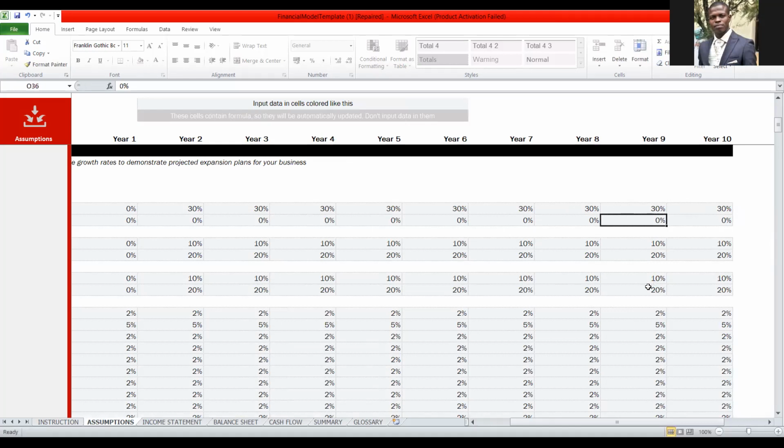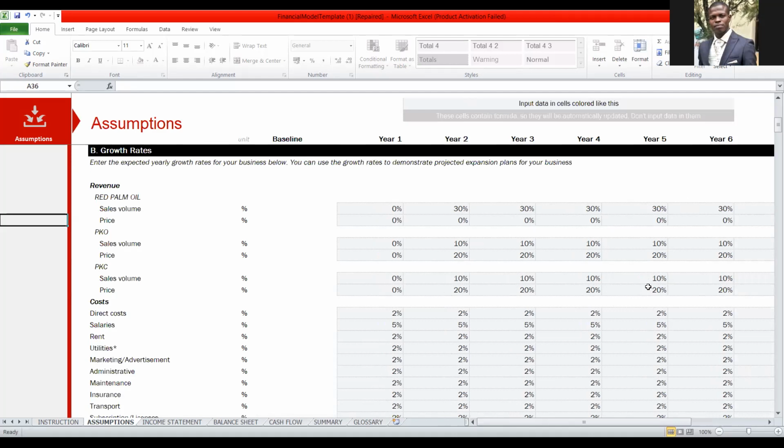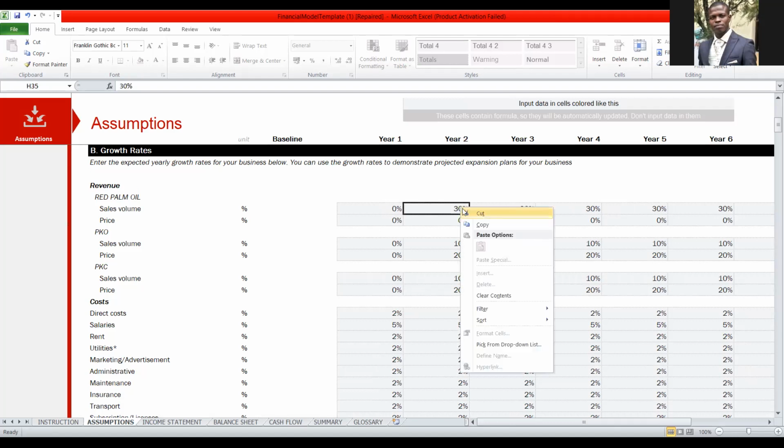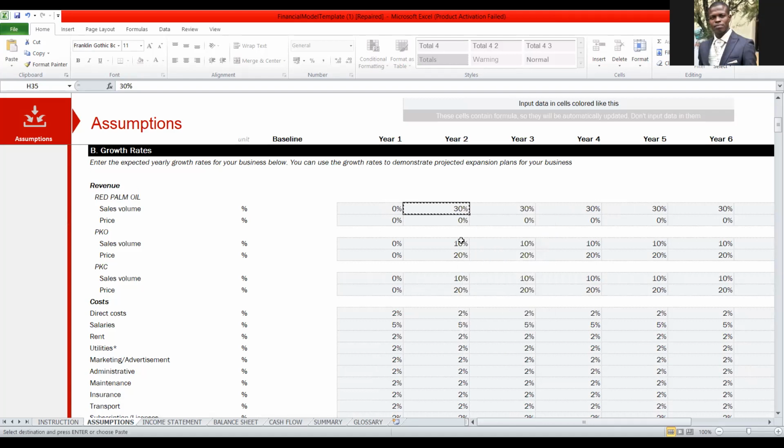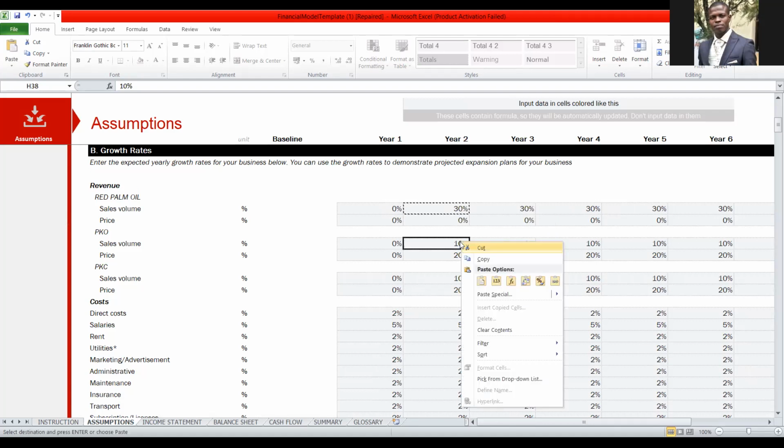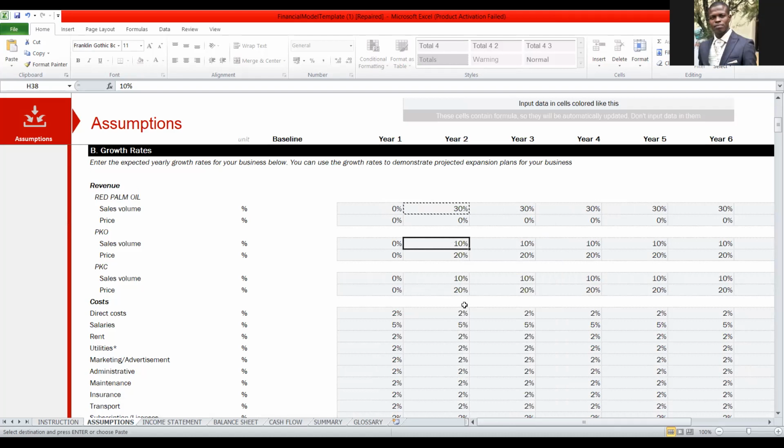So, having done that for your revenue, that was for red palm oil, you can also do the same for the palm kernel oil.